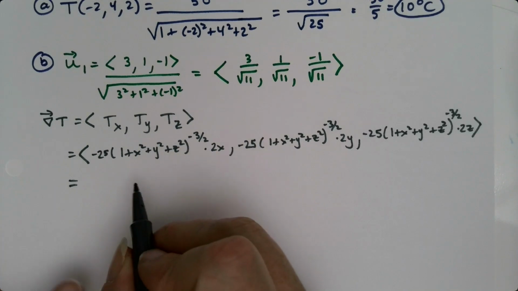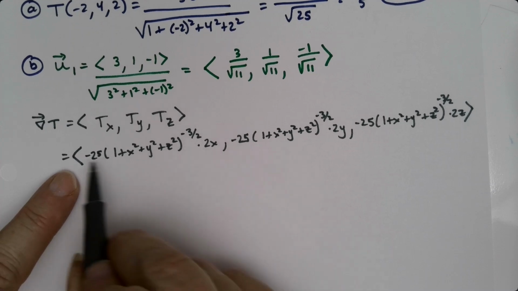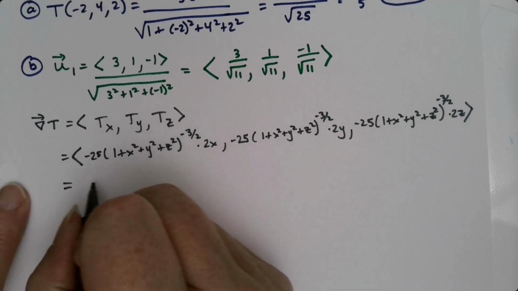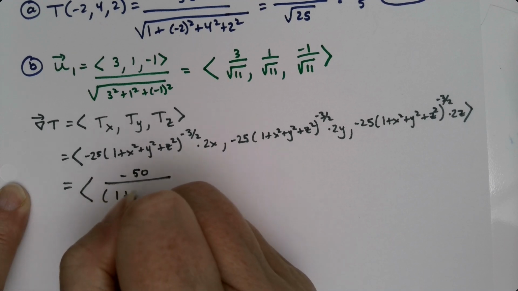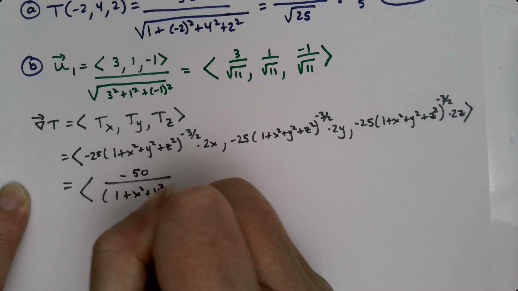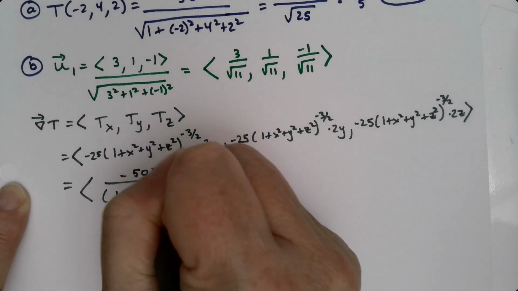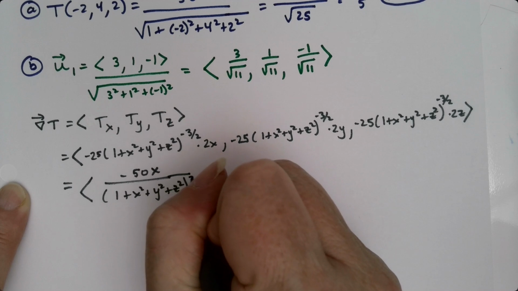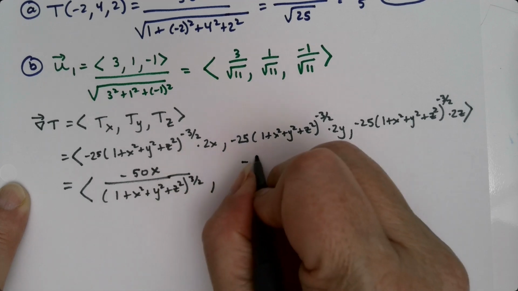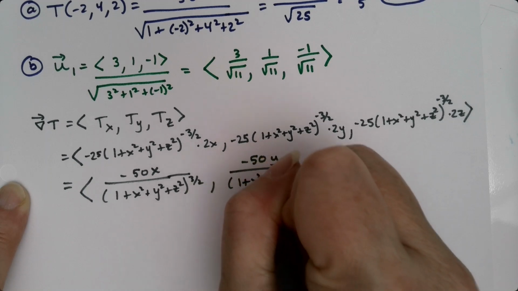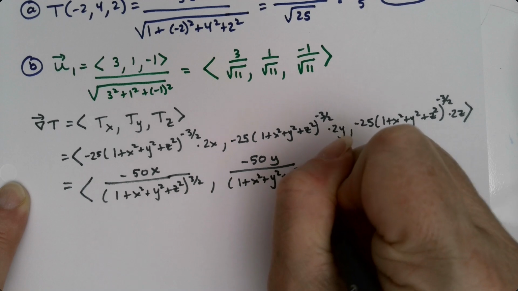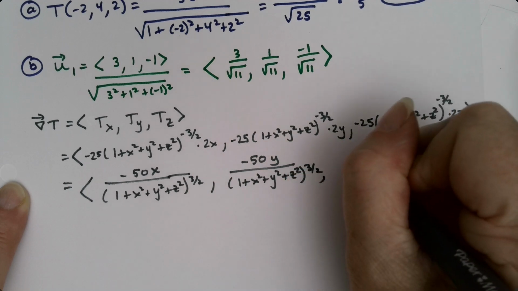But we can make this a little bit easier. So it's really 25 times 2 is 50. So it's really -50x over (1 plus x squared plus y squared plus z squared) to the 3/2. And then the same thing again, but with y. And then the same thing again, but with z.